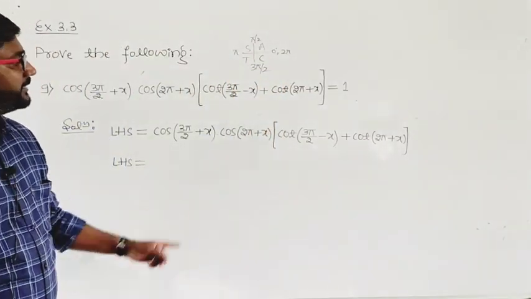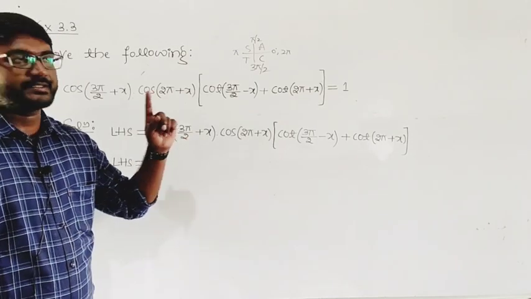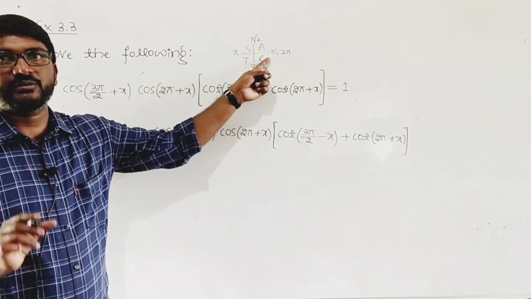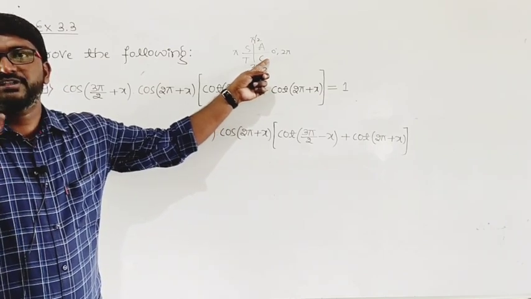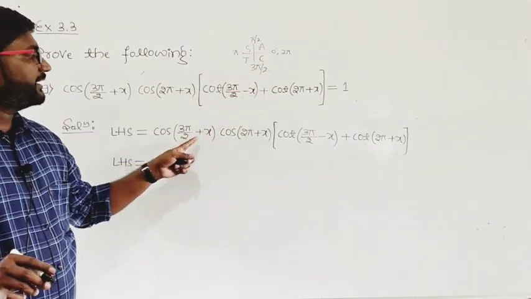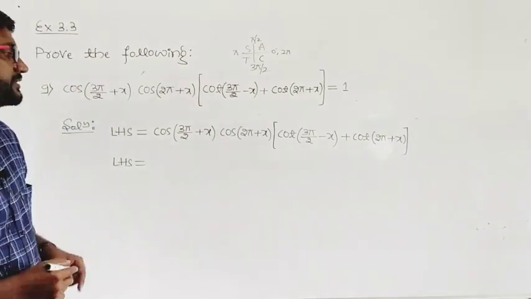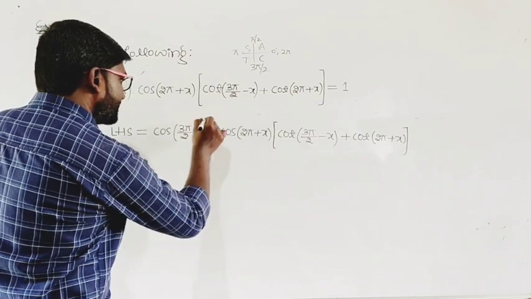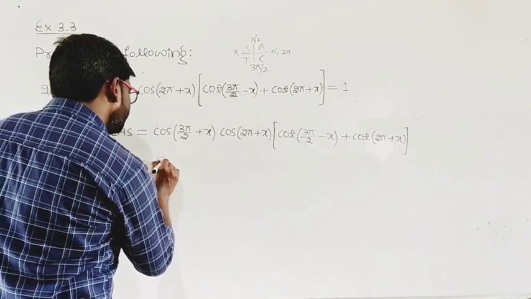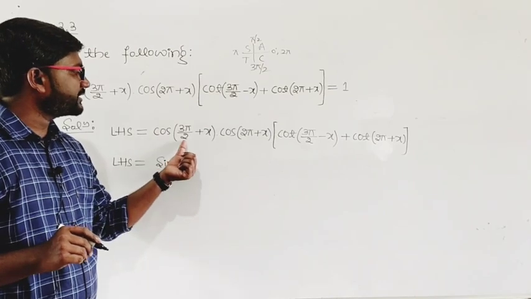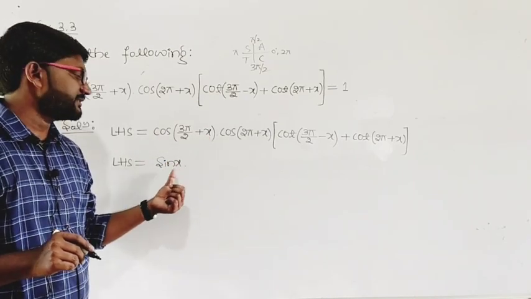So 3π/2 + x means it is the fourth quadrant. In the fourth quadrant, cos is positive. Whenever you have 3π/2 + x and 3π/2 − x, cos has to change to sin. So this is nothing but sin x. We have studied this in allied angle: cos(270 degree + x) is going to be sin x.